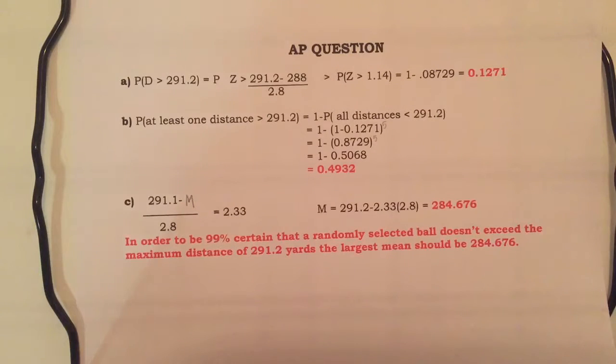What I did in Part C is I found the z-score again, so I got 2.33, and I plugged it into the equation, and I got 284.676. In order to be 99% certain that a randomly selected ball doesn't exceed the maximum distance of 291.2 yards, the largest mean should be 284.676.